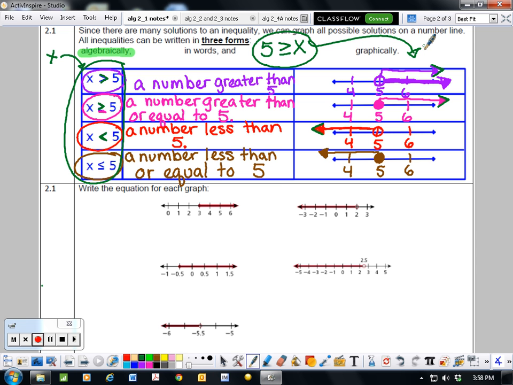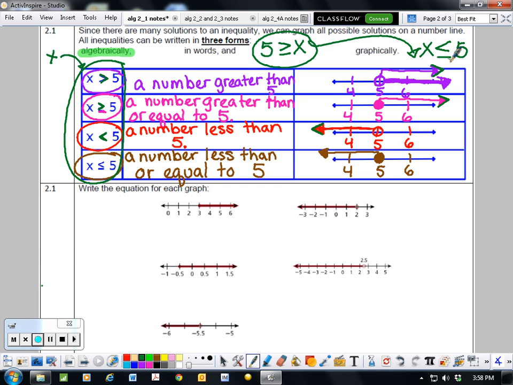So when I flip that around, the x will go on this side, the 5 will go on this side, and the inequality symbol will flip. I use the x as kind of a gauge. My inequality symbol is pointing to the x, so when I flip it, it should still point to the x. And once I know how to flip it, it makes it easy to graph, and I can still use that arrow rule. So just a little hint for you, and something that you're going to have to practice on your assignment tomorrow in class.